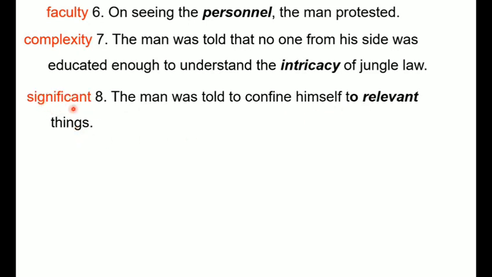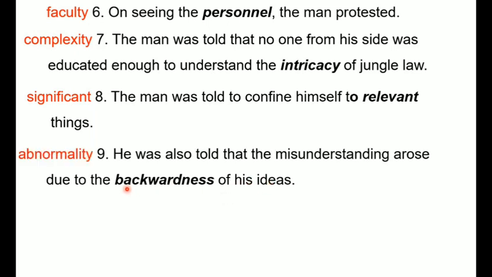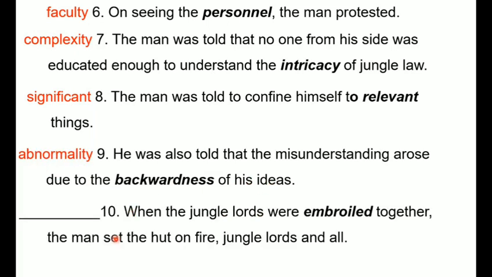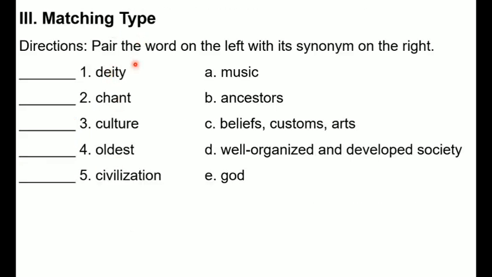The answer is significant. Number 9, he was also told that the misunderstandings arose due to the backwardness of his ideas. The answer is abnormality. And number 10, when the jungle lords were embroiled together, the man set the hat on fire, jungle lords and all. The answer is tangled.